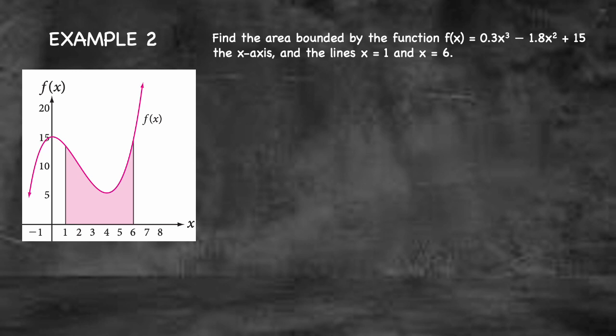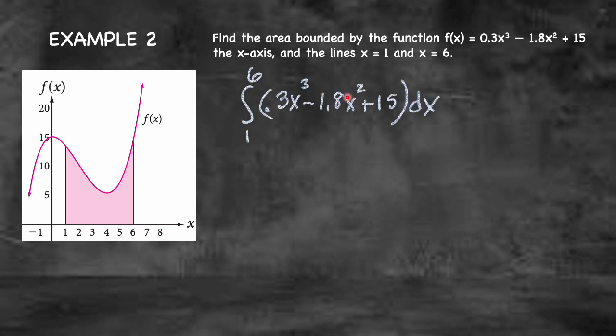So now, instead of approximating with rectangles, we're going to actually use the definite integral to find the exact area under the curve. And remember that when we evaluate a definite integral, we are adding up an infinite number of slices underneath that curve. So that's why we get the exact answer.